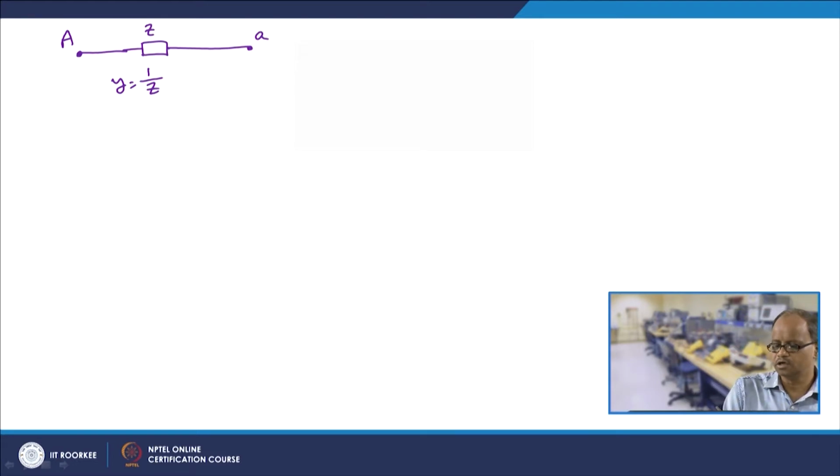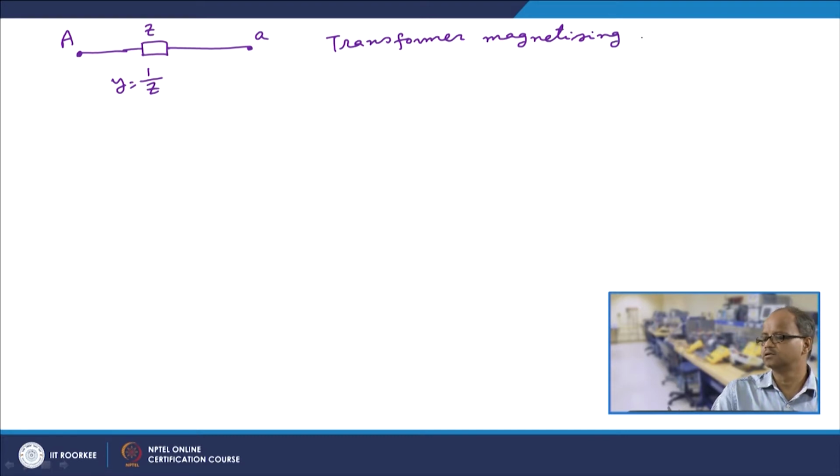So, here we should write that transformer magnetizing shunt branch is neglected.